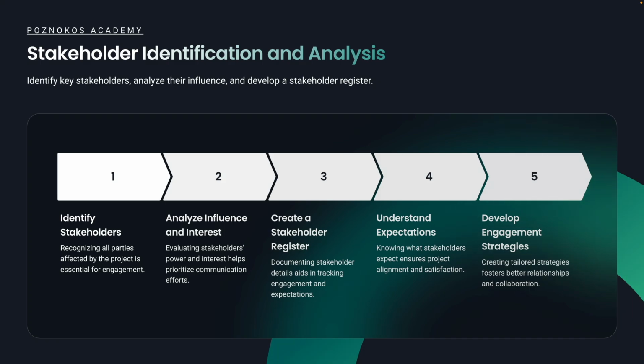Understand expectations. Knowing what stakeholders expect ensures project alignment and satisfaction. Definitely all stakeholders have different expectations, and you need to manage them, so that you can even identify that some of your stakeholders can be enemies to your project, and they don't want you to succeed.